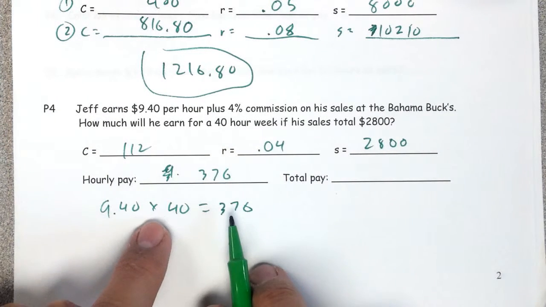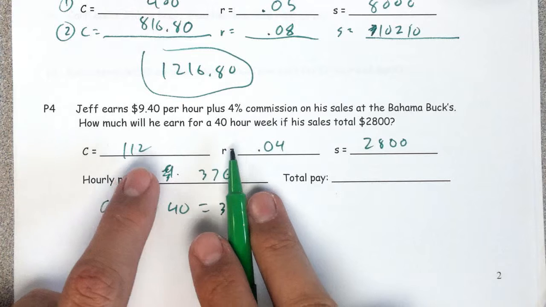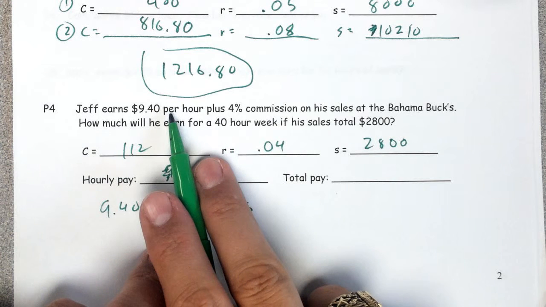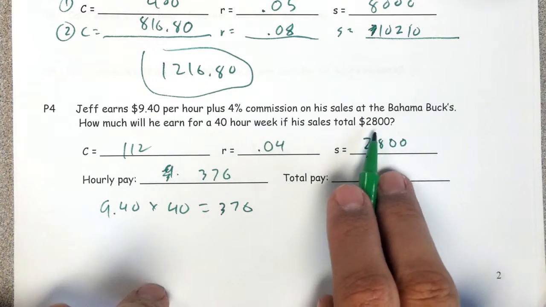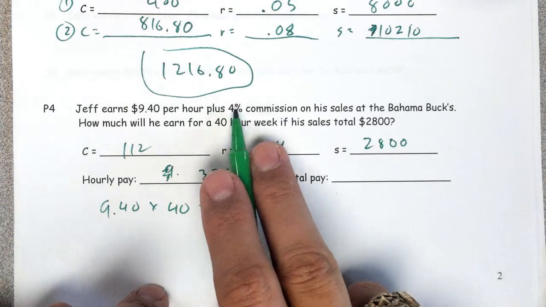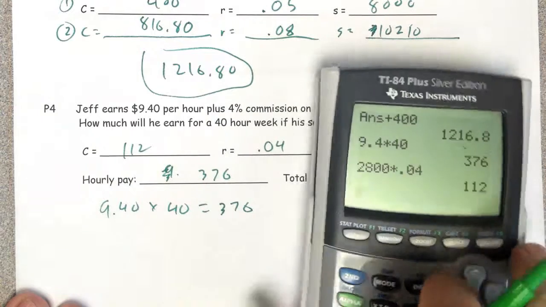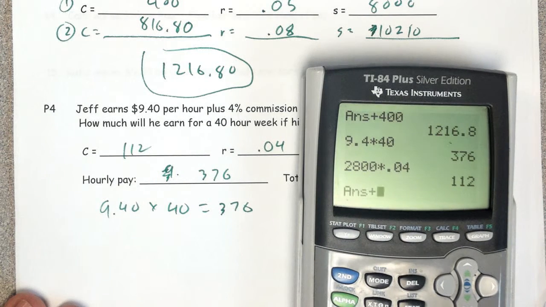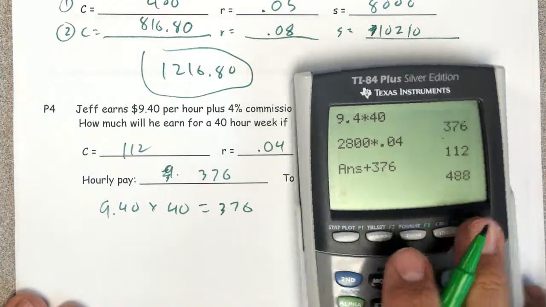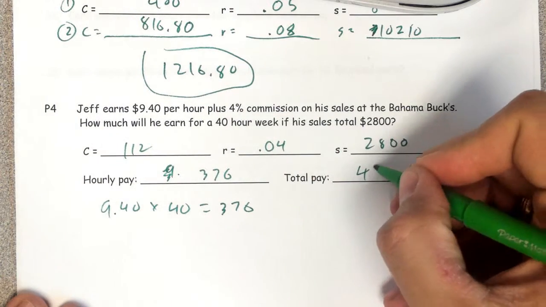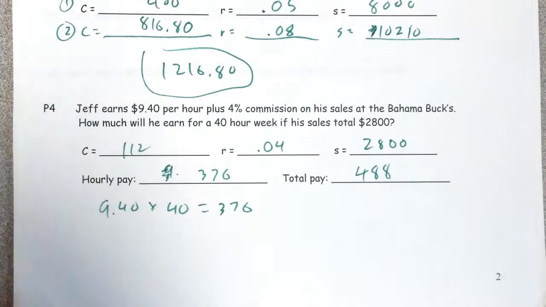For the hourly pay, you're multiplying the hours times your rate per hour. For commissions, you're multiplying your sales times your commission rate. And the last thing you do is add those up. So 112 plus 376. $488. So this whole week they made $488.